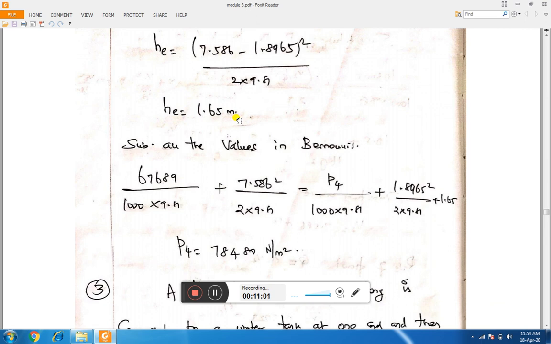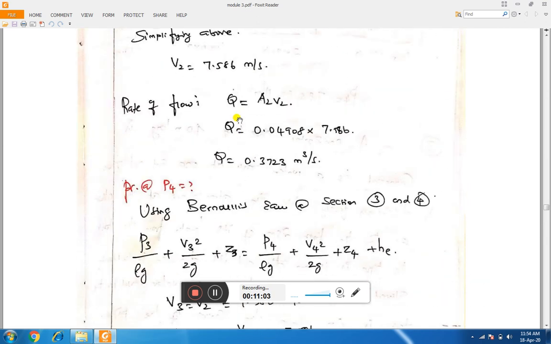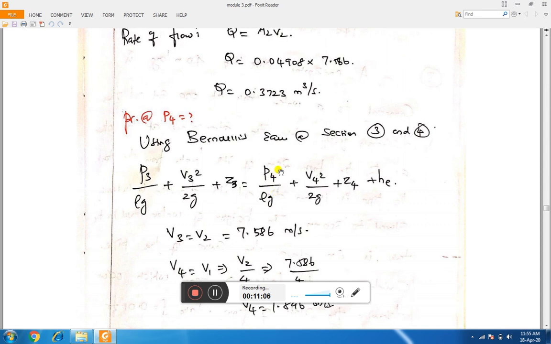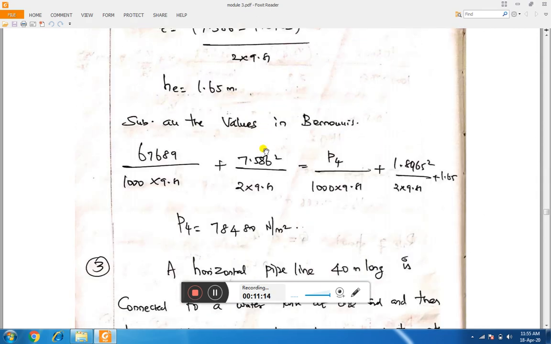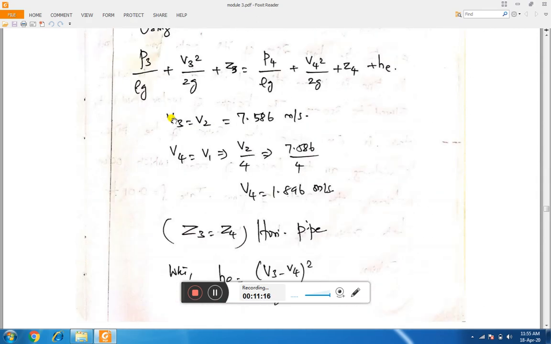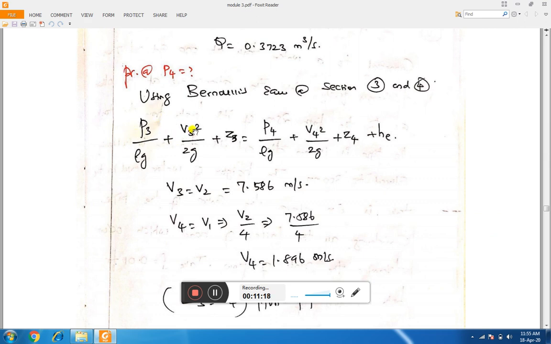Now what we need to find in this equation is P4. P3 is given in the problem, we need to find P4. So substituting all the values in this equation, P3 is given in the problem, V3 equal to V2 equal to 7.586, Z3 and Z4 cancel, and P4 is what we need to calculate.